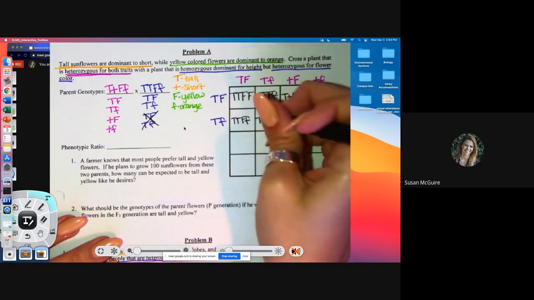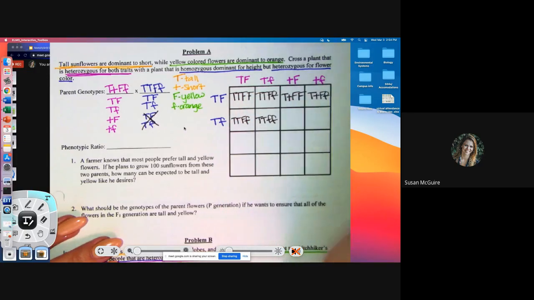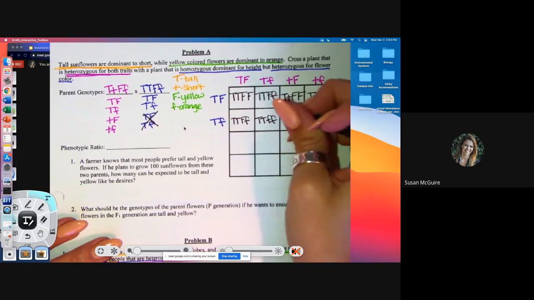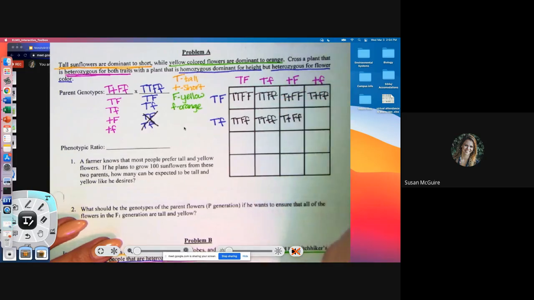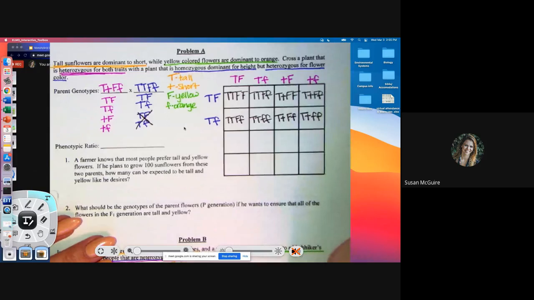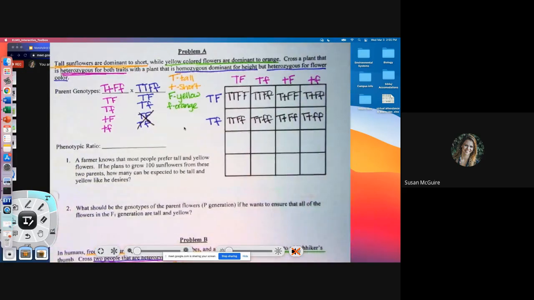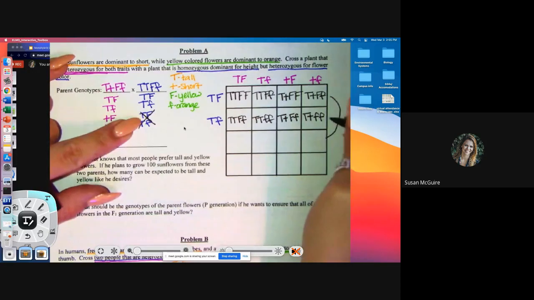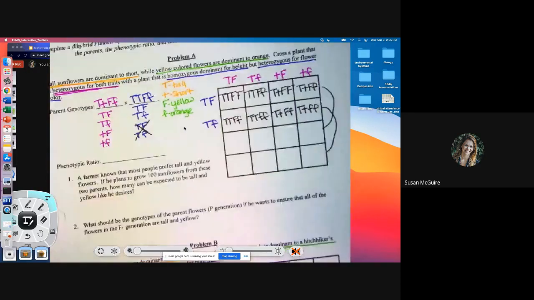Big T, little f, little f. Big T, big F, little f. And big T, little f, little f. And if we were to repeat this, this row and this row would have been the same, and this row and this row would have been the same. So that's why there's no need.